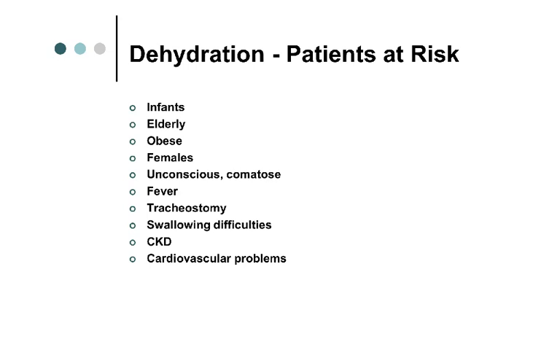So we need to take extra care with these patients and monitor them closely. Also, patients with chronic kidney disease and cardiovascular problems. And this patient cohort may be on diuretics, so they are at increased risk of dehydration too.